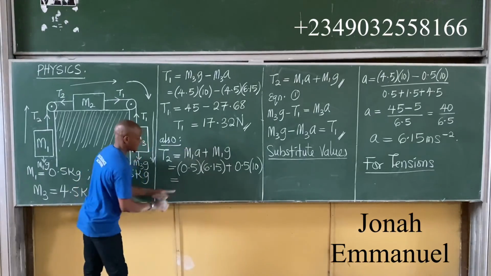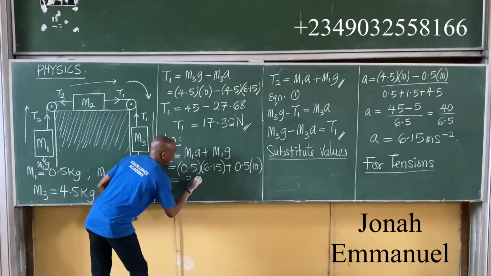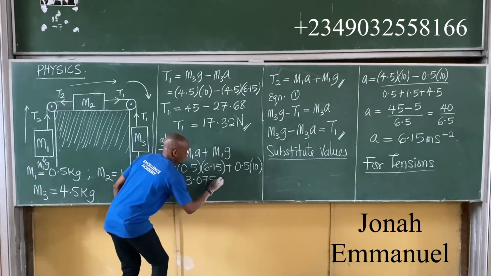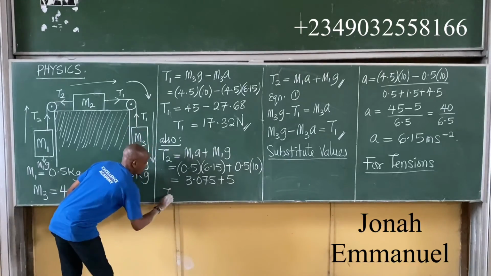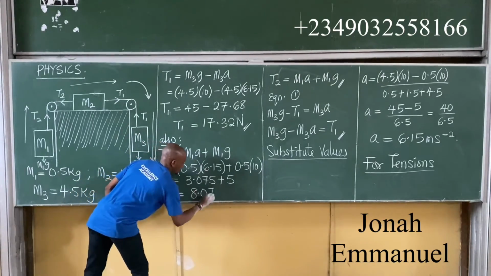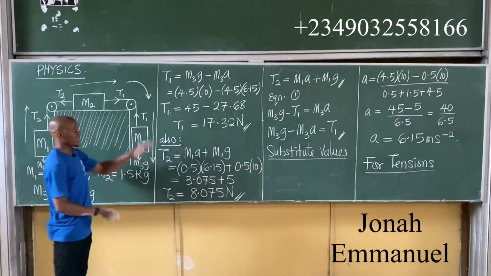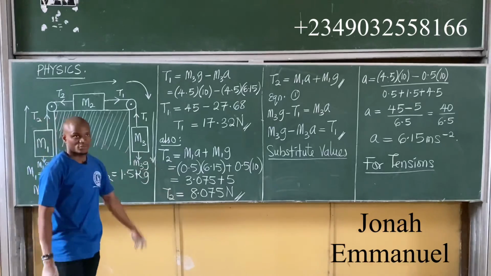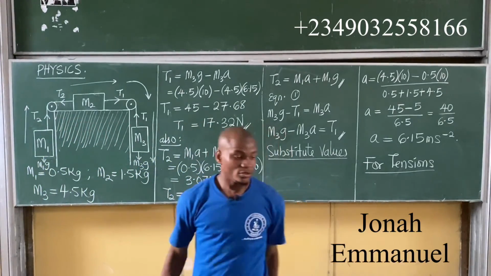This is equal to 3.075 plus 5. So T2 is equal to what then? 8.0 Newton. Alright, so this is how you solve this question, right?